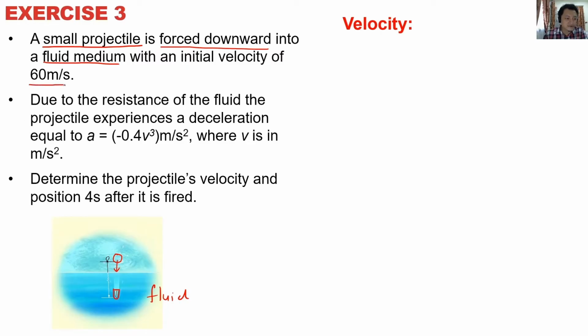The initial velocity was 60 meters per second. Due to the resistance of the fluid, the projectile experiences a deceleration equal to this one. So this is the acceleration, but in terms of deceleration, it becomes a negative value. So now, let's determine the projectile's velocity and position.